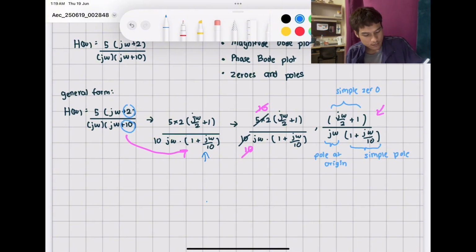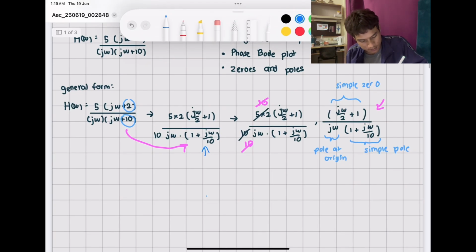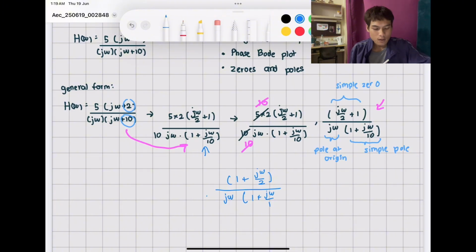So you can arrange it back as 1 plus j omega, divided by 2 over j omega, times 1 plus j omega over 10. This will be your general function for the Bode plot.